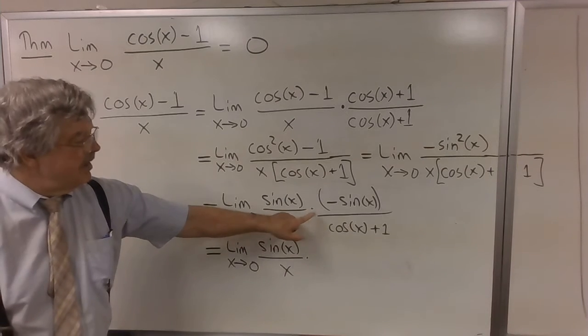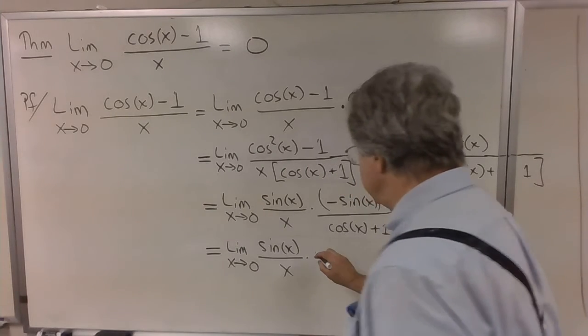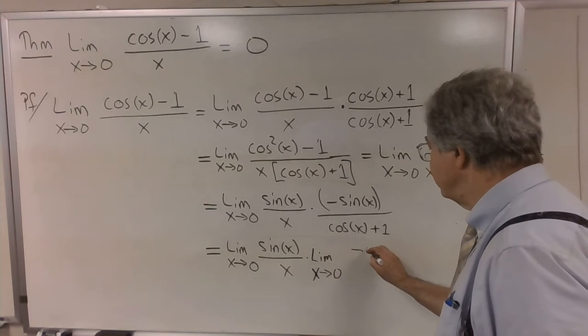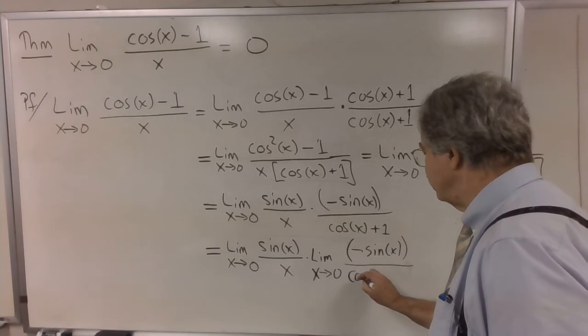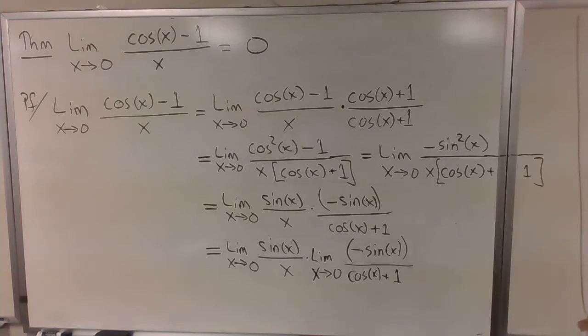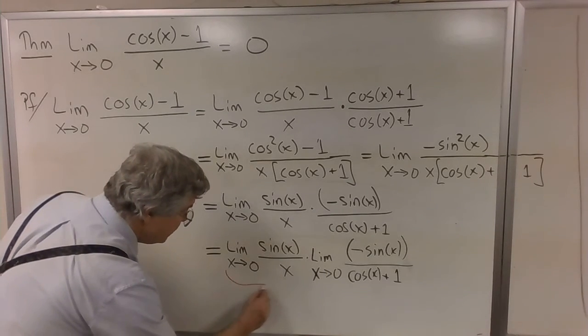I have the limit of a product up here. I can write that as the product of the two limits down here. And I know this limit.